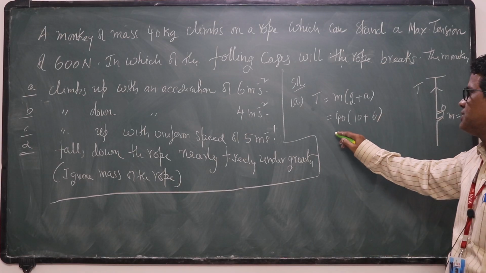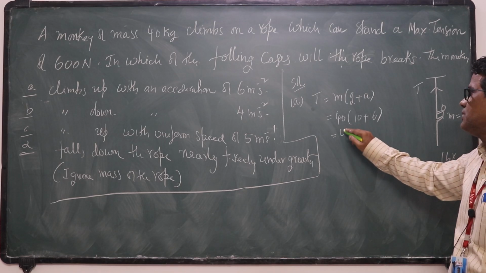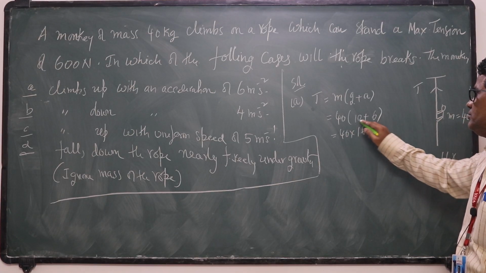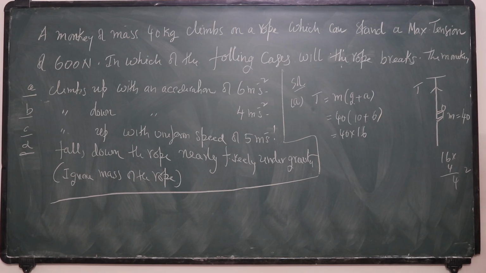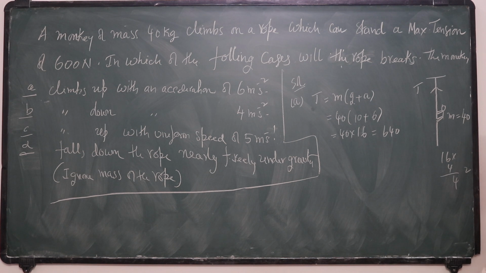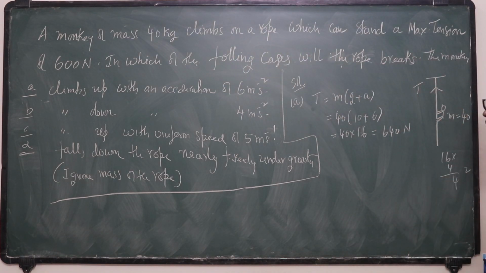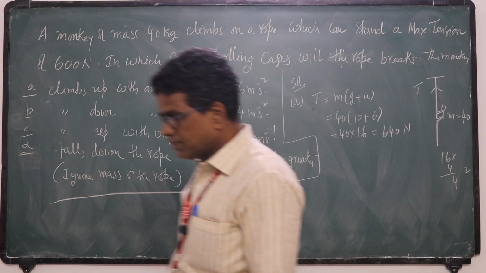So 40 into 16, which is 640 newtons. Even if you take g as 9.8, it will still be greater than 600, isn't it? I will check that value.